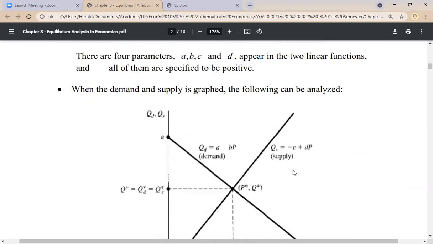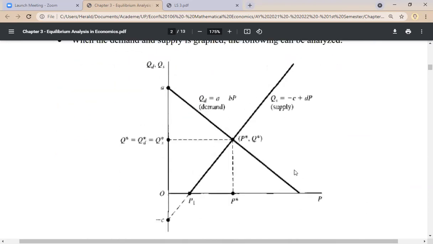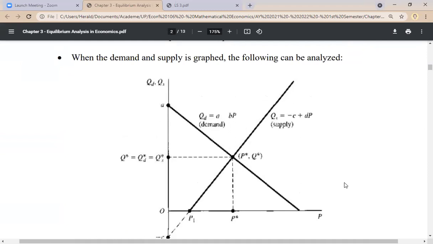When we graph the demand and supply, the following can be analyzed. Take note, class, that this is quite different from the one that we're accustomed to, meaning that price here is our independent variable. Q here is our dependent variable.